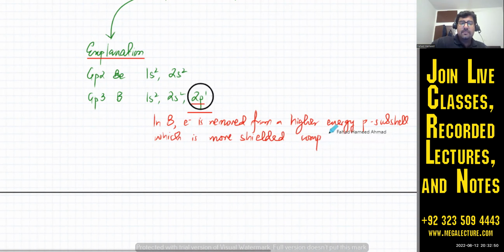In boron the electron will be removed from a slightly higher subshell, which is more shielded compared to beryllium's 2s subshell.